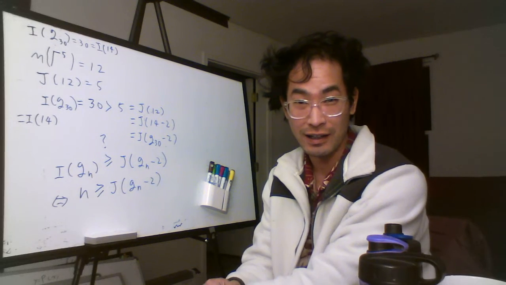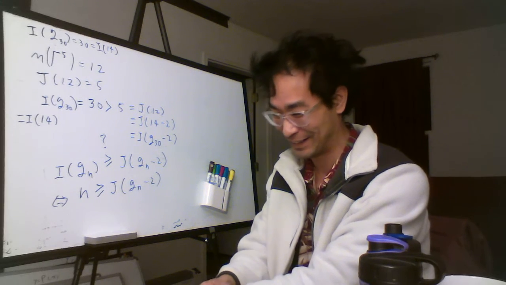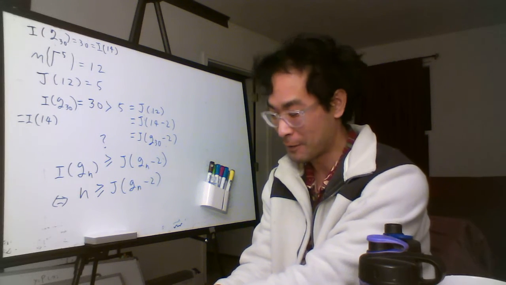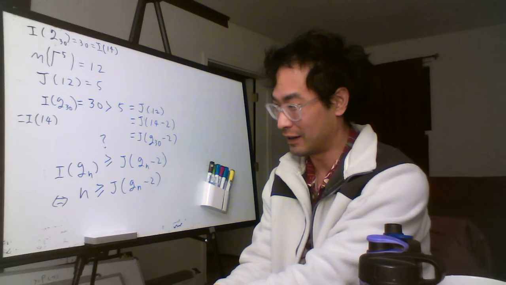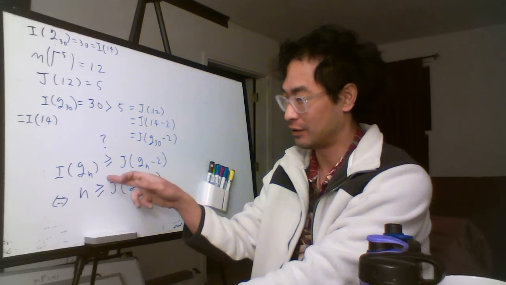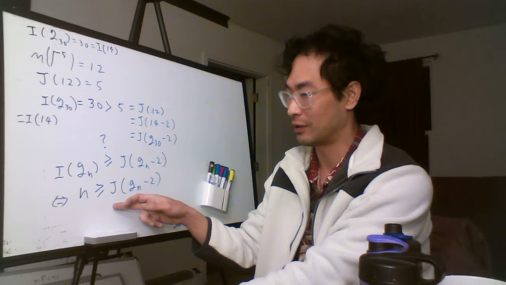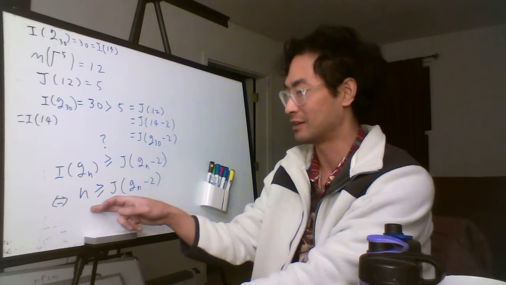Yeah, of course. So this is a very easy inequality, because 7 is by far less than 200.